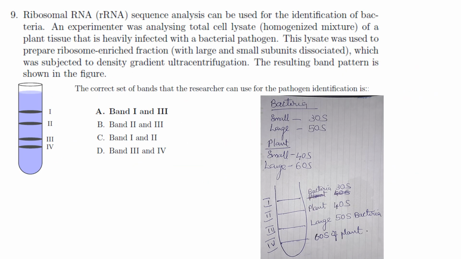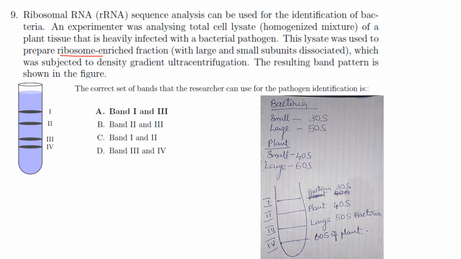Ribosomal rRNA sequence analysis can be used for the identification of bacteria. An experimenter was analyzing total cell lysate, that is a homogenized mixture of plant tissue that is heavily infected with a bacterial pathogen. The lysate was used to prepare a ribosome enriched fraction with large and small subunits dissociated.